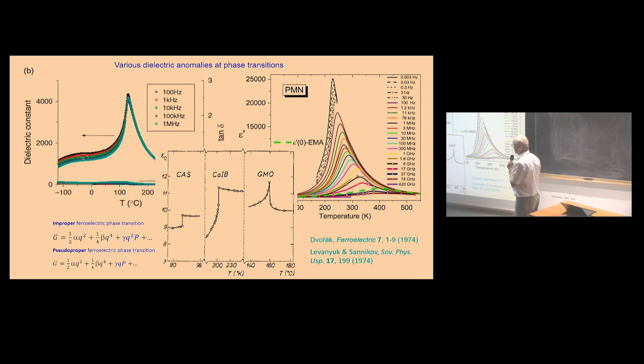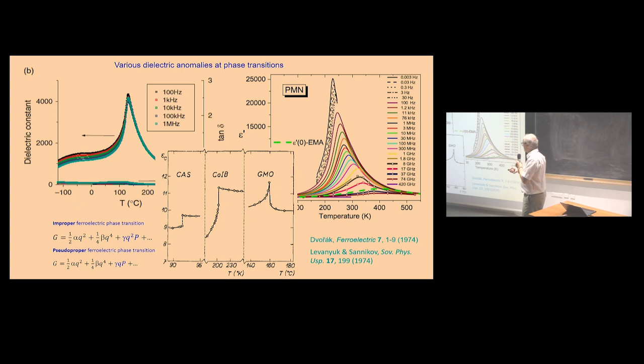But there is also the so-called pseudo-proper ferroelectric phase transition when you have just bilinear coupling of order parameter and polarization. So in the case of improper ferroelectrics, you can have coupling. The order parameter can be, let's say, strain. You have first a ferroelastic phase transition, and it can induce also polarization.